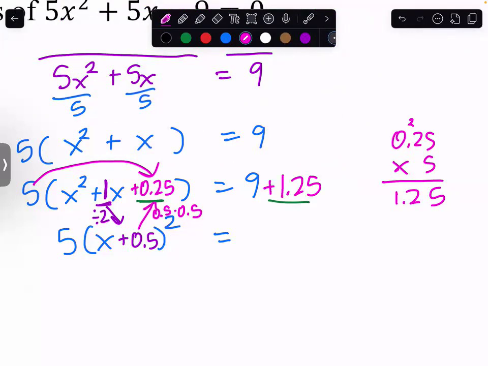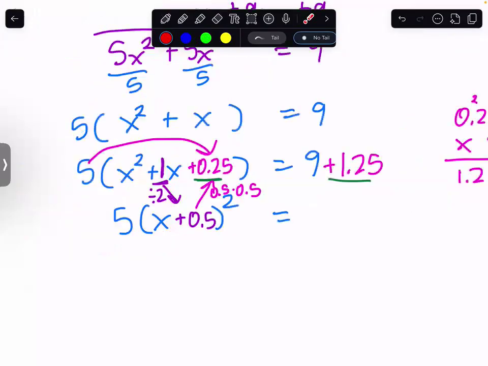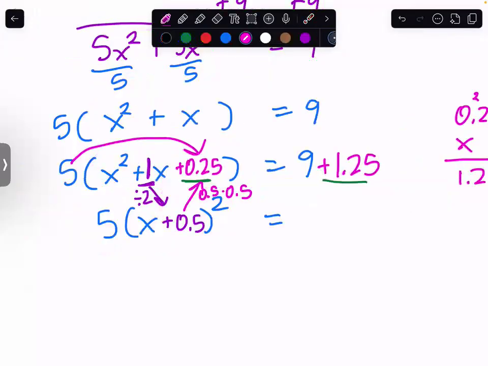Okay, so again, you often will not add the same number in both blanks, but they're actually worth the same. You just need to remember that the blank in the parentheses is multiplied by whatever's in front. Okay, 9 plus 1.25 would be 10.25.